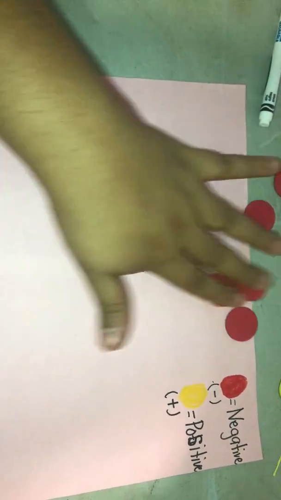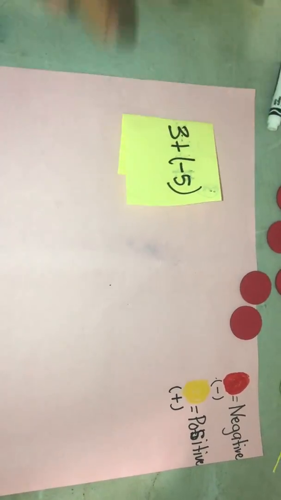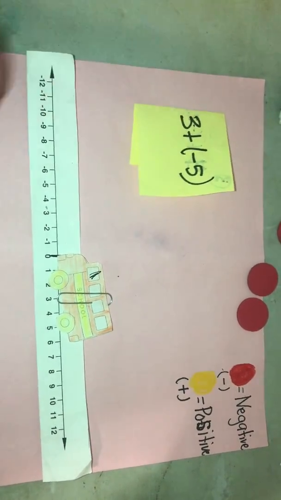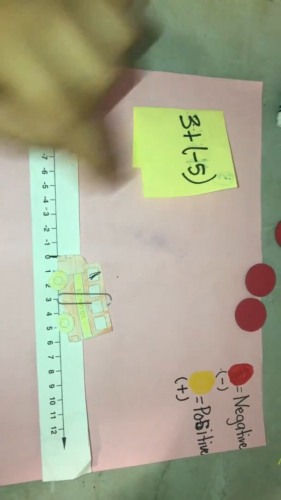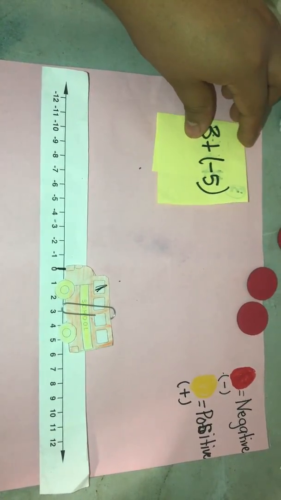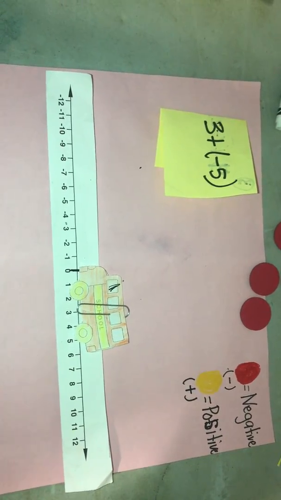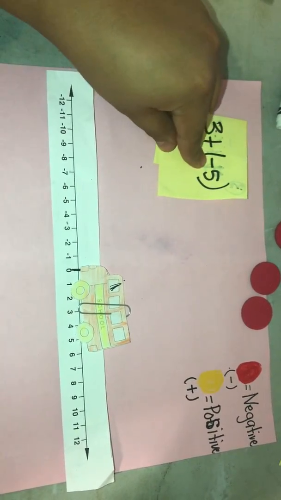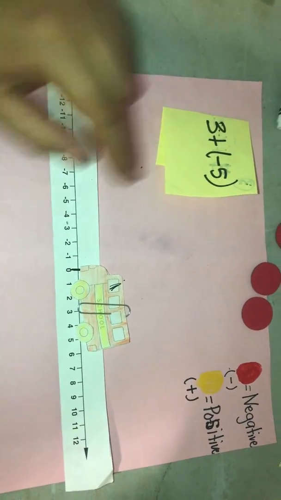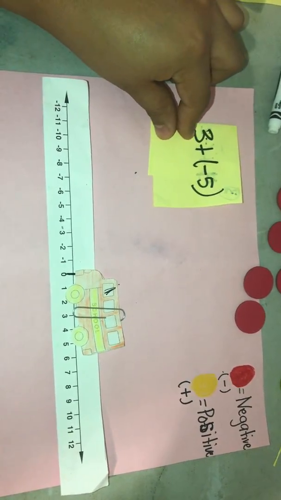Okay. Let's continue with my bus stop number line. The bus stop is going to be at 3. Oh, it's right there. Okay, so there's a positive and there's a negative. We're going to move forward because with a positive and a negative, it turns into a negative, because the front number is smaller.